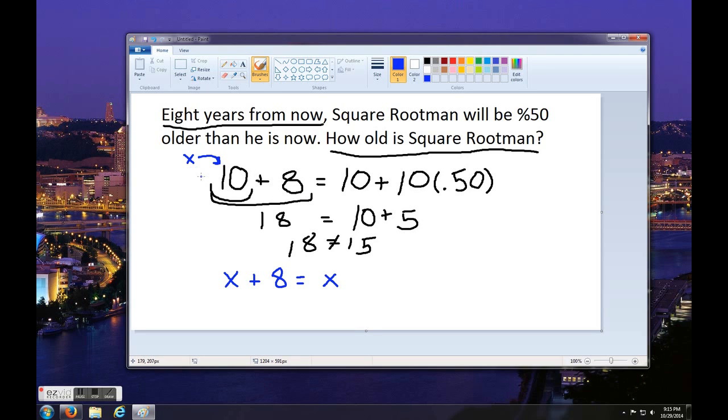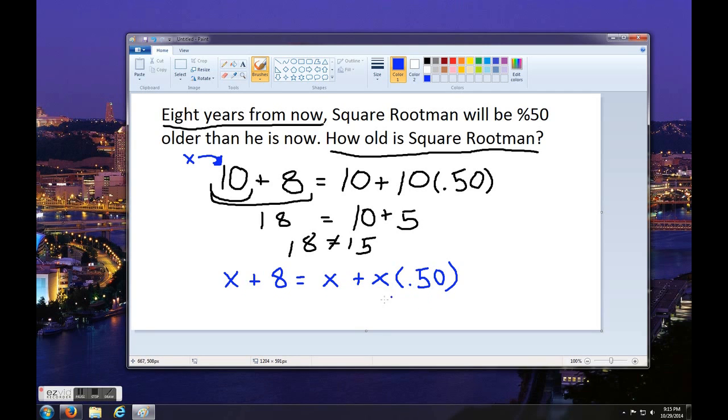So guess up here. We should not forget, the whole point of the guess is so we know. So I'm just substituting x and we'll see what is happening. So now we have the same equation. We have x plus 8 equals x plus x times 50.